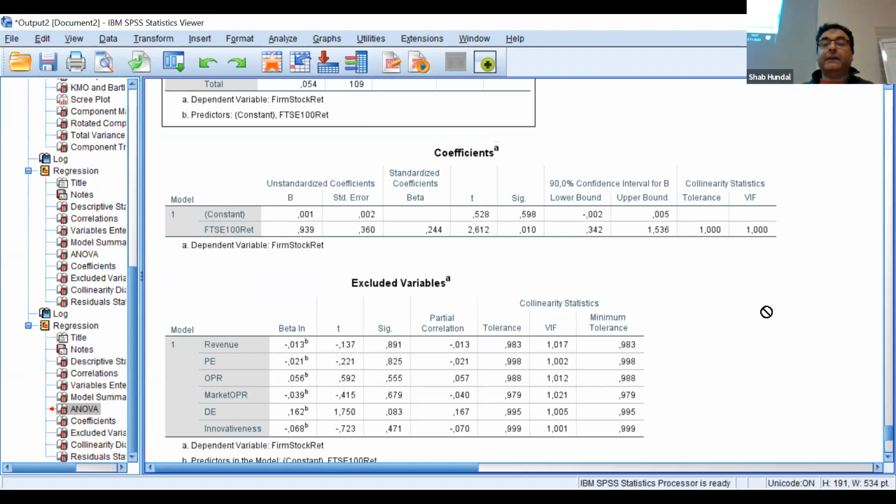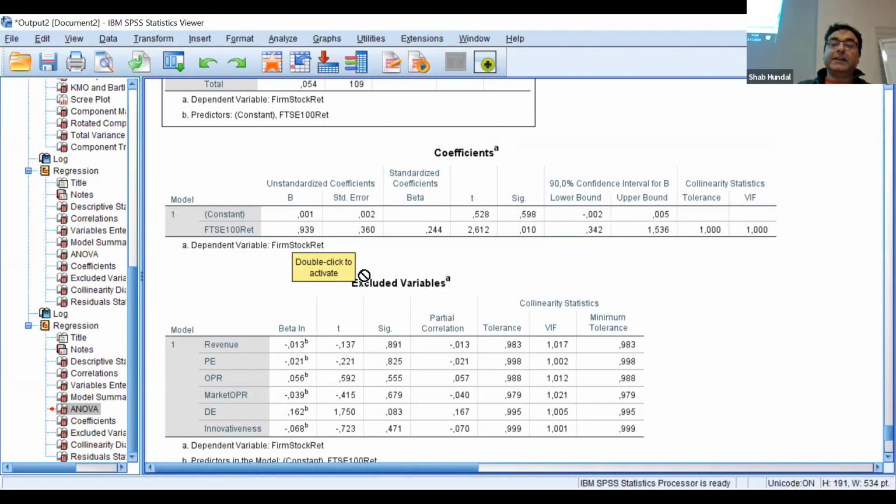And you can see here that FTSE 100 return is the only variable which is significant. This is the value of beta, B. So I can call it B6. Remember, in our model, the index return was X6. And this is the value of B6.